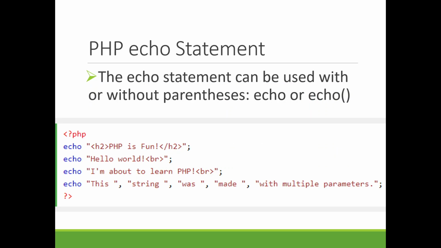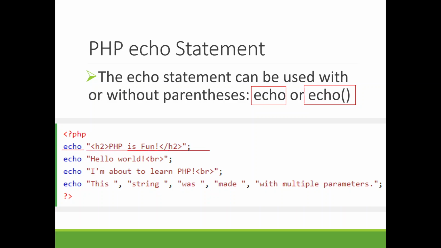Let's see how we use, for example, the echo statement. Now, the echo statement can be used either with or without parentheses. Most of the time, in most scenarios, you'll get that they use it without parentheses. So look how they've used it here, echo.